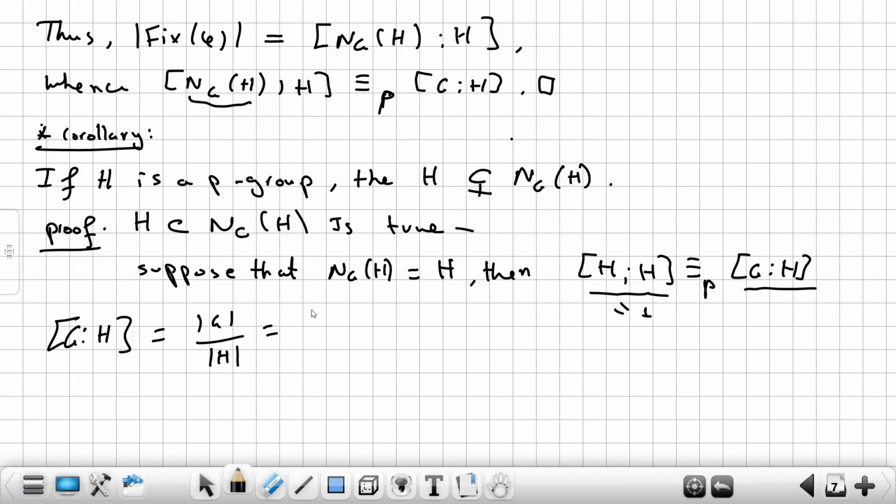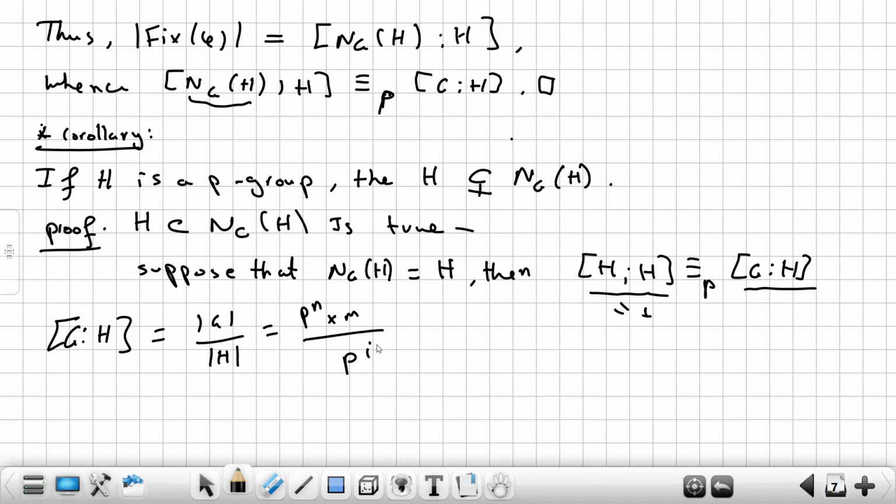Now we can suppose that the order of G is equal to p^n times m, and the order of H is p^i for some i less than or equal to n. Why?